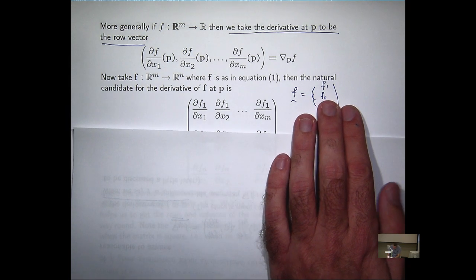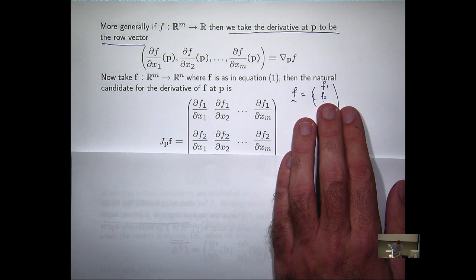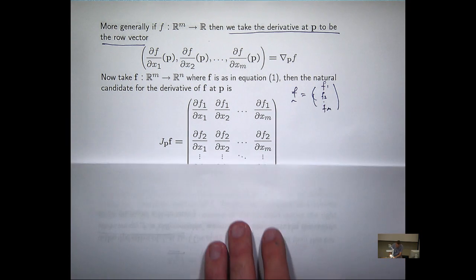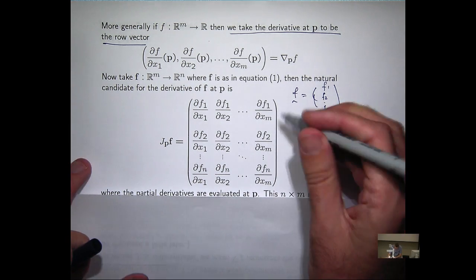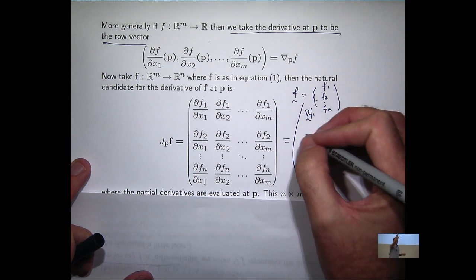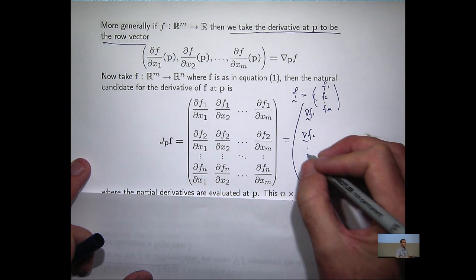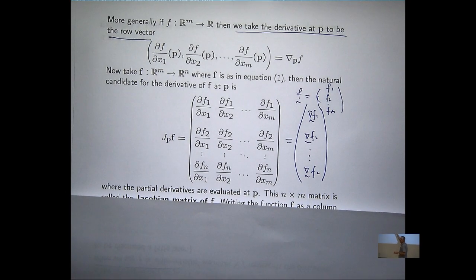Then I'm going to go down to f sub 2, take the gradient of f sub 2 and write that as a row. And then I'm going to keep on going until I get down to f sub n and write the gradient of that as a row. So this is just a matrix that has rows which are just the gradient of the component functions.